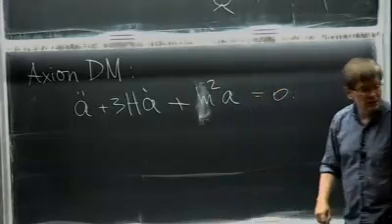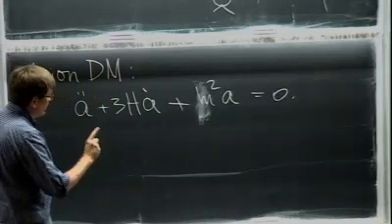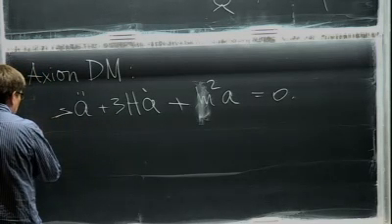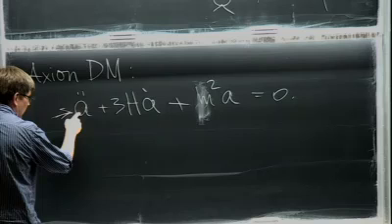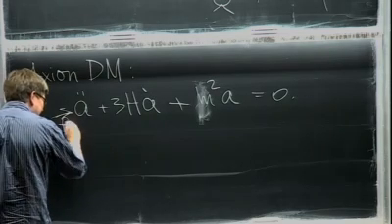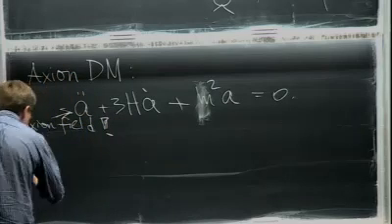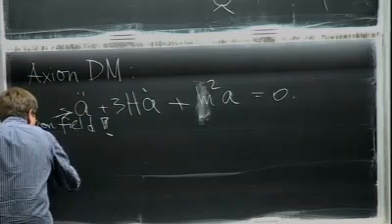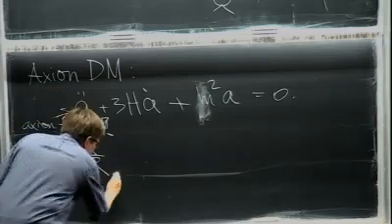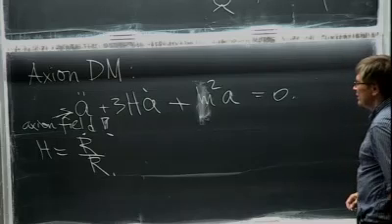Okay, sorry, A here stands for the axion field, so this is not a scale factor, right? And let's call the radius of the universe R, so Hubble is R dot over R, right? So this is the standard equation.